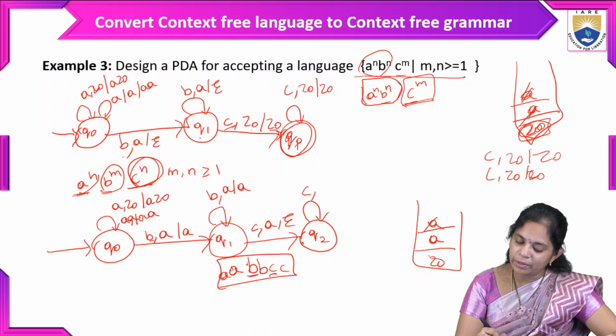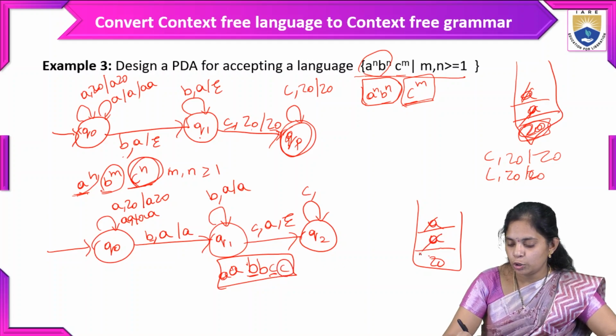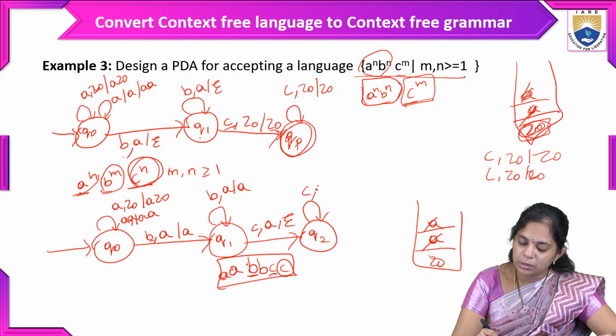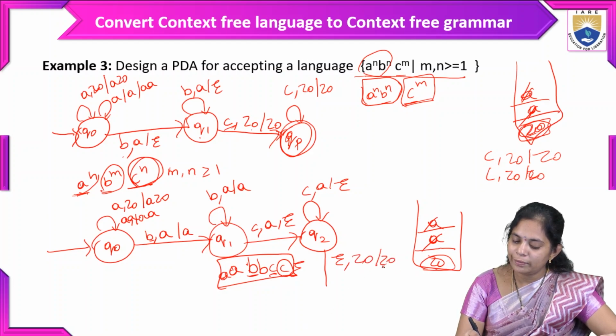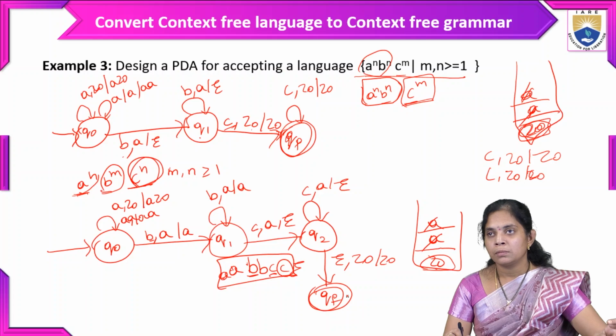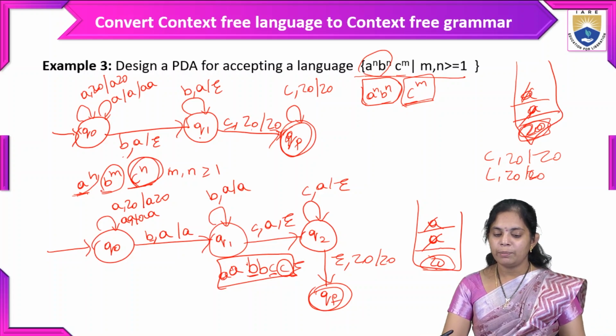While reading the first C, we pop the first A, and while reading the second C, we pop one more A. After this, we have the string empty. For the empty string, with the top of the stack symbol Z0, we move into the final state, that is QF.